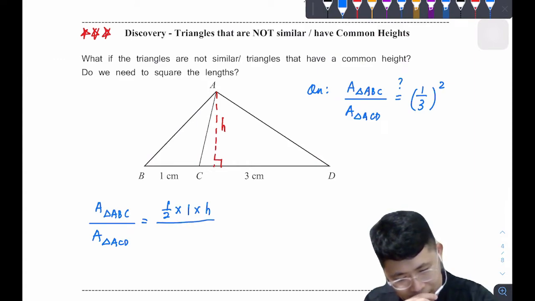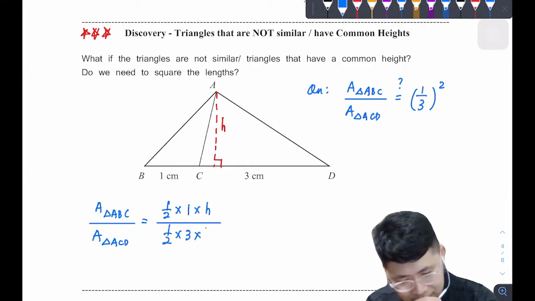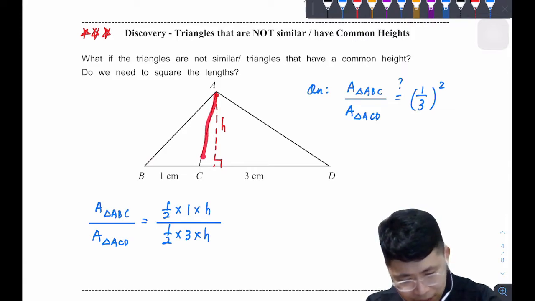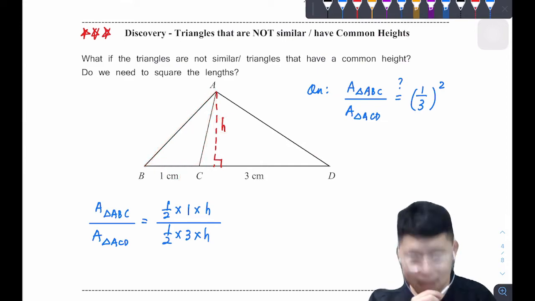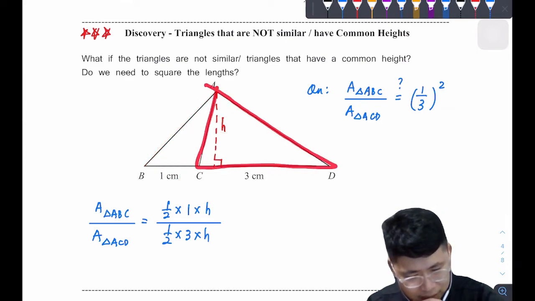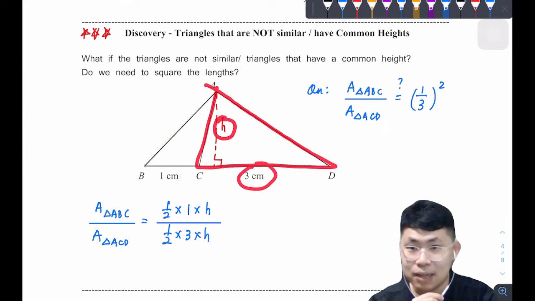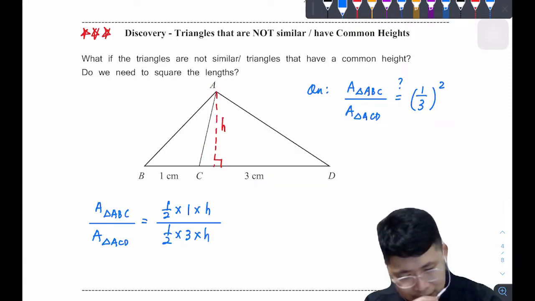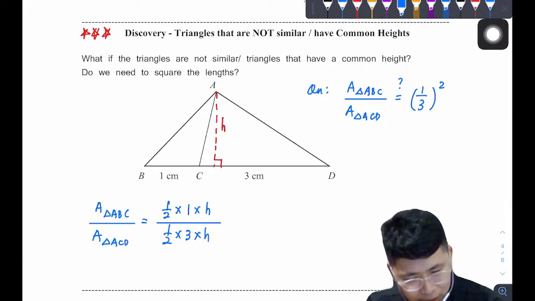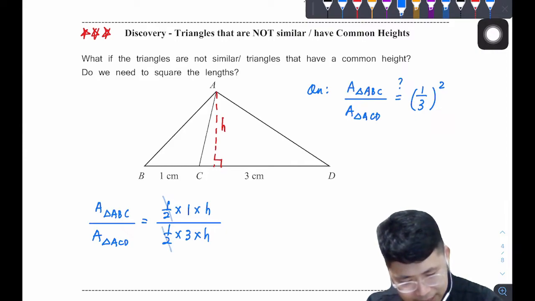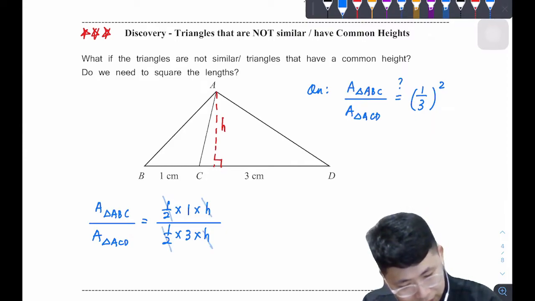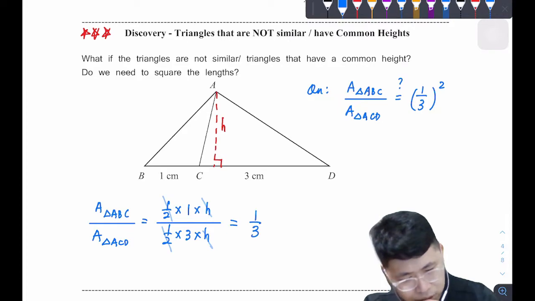The area of ACD is going to be half times the base 3 times height. Area of ABC, half times base times height; area of ACD, half times base times height. Let me now do the honors of cancelling the h. So actually, it is just 1 over 3.